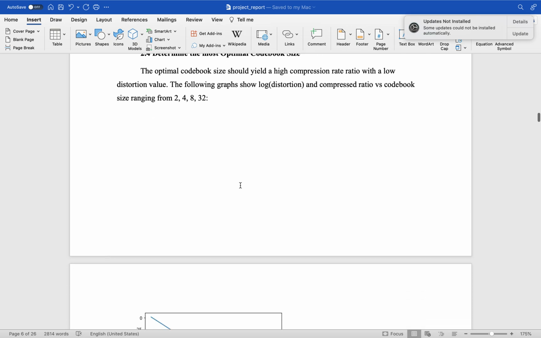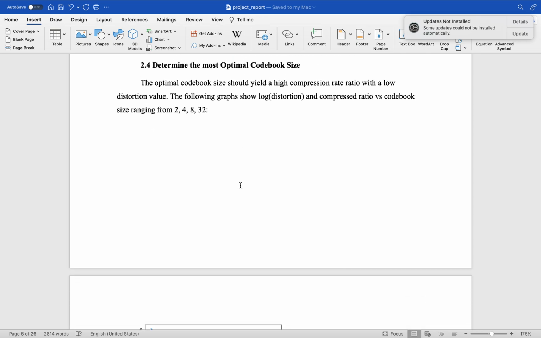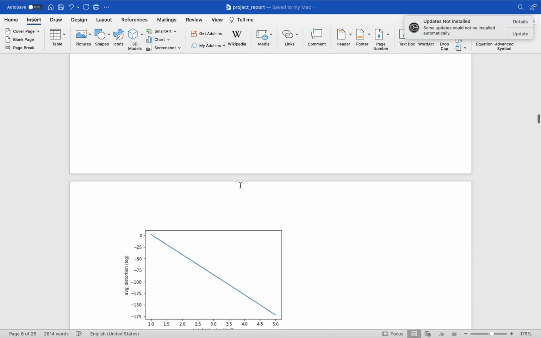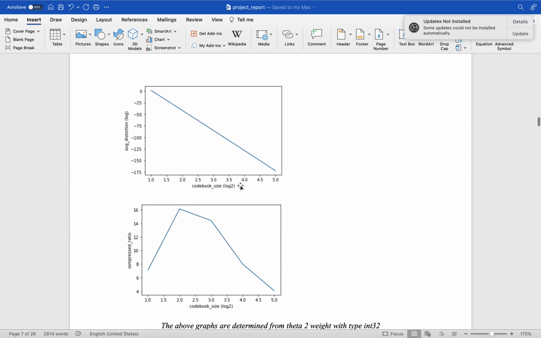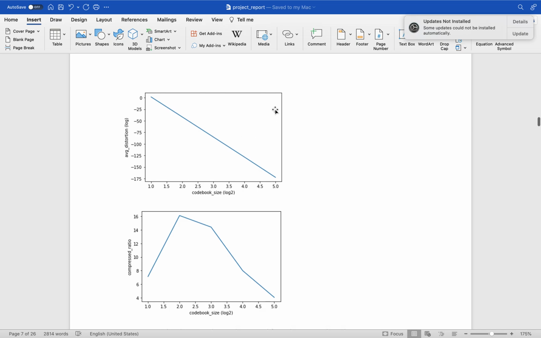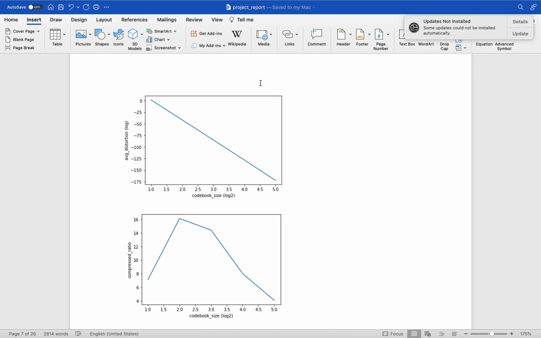The next step in the design is to determine the optimal codebook size. I ran a bunch of experiments with the codebook size varied. This is log base 2 of the codebook size, so I ran the experiments on codebook sizes of 2, 4, 8, 16, and 32.